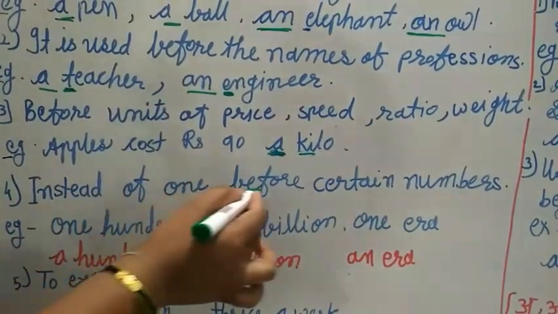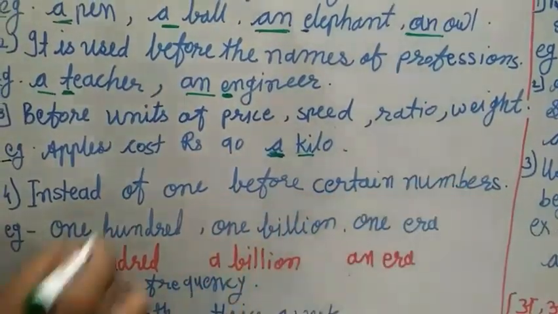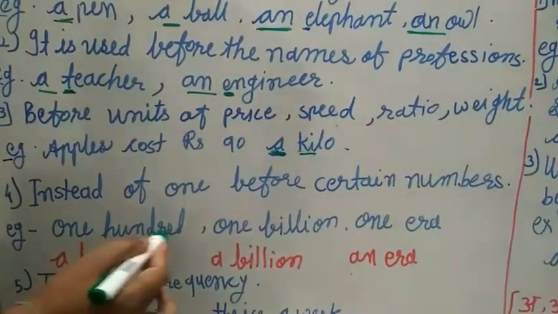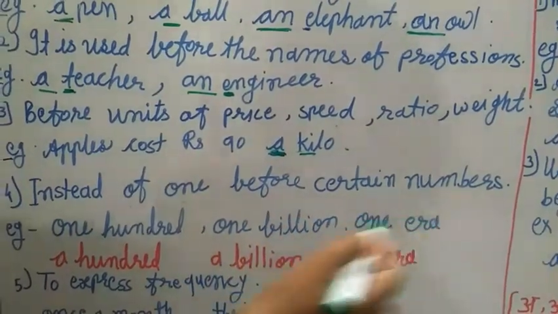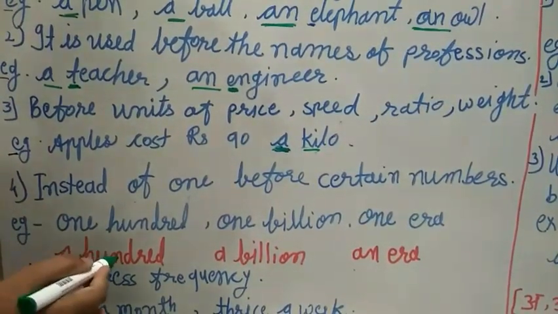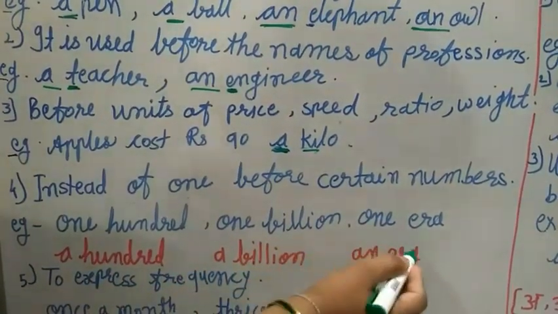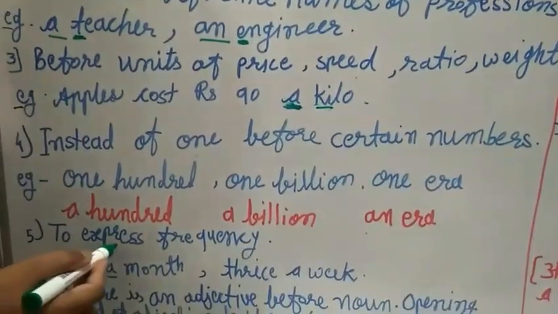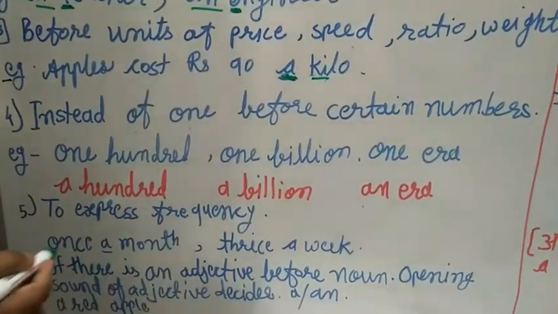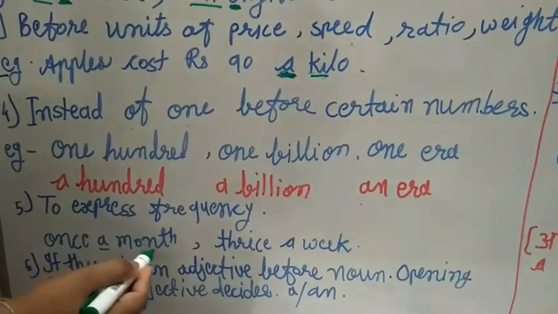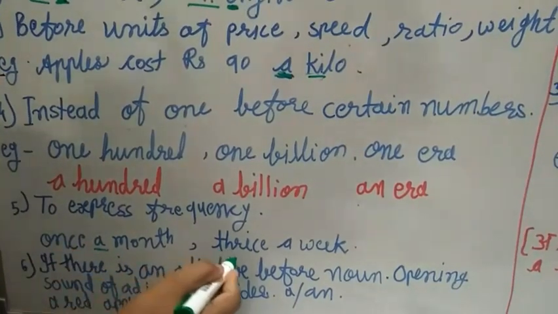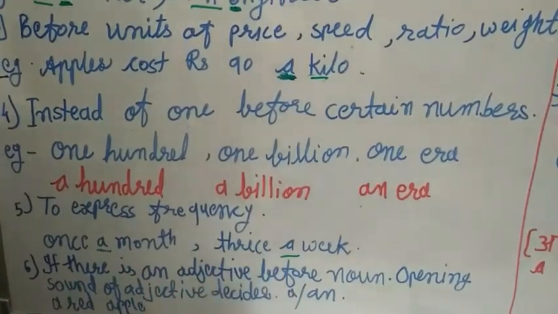Instead of one before certain numbers, for example 100, one billion, one era, we say a hundred, a billion, an era. To express frequency: once a month, thrice a week.